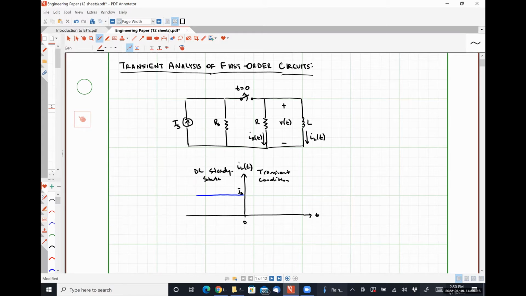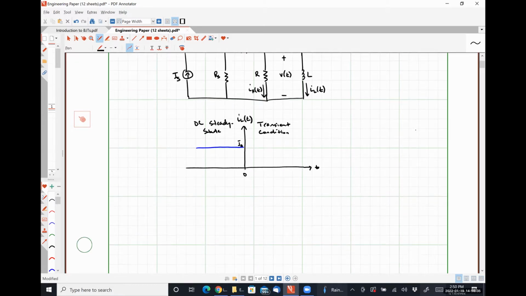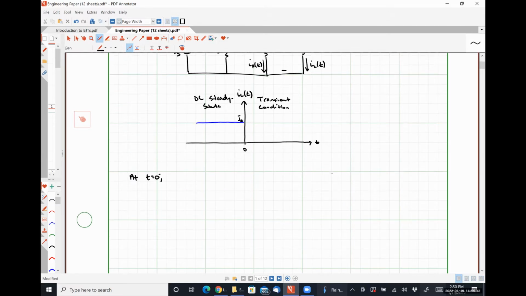So can we agree that there will be some inductor current before the switch opens? Does anybody not understand why our inductor will be carrying a current? Bradley. Okay, so at t is equal to 0 minus, our circuit would look something like this.